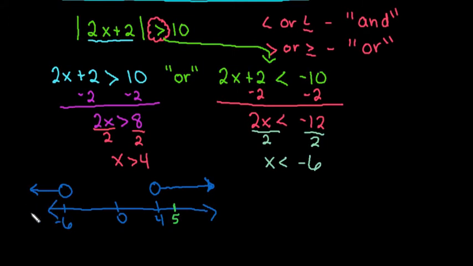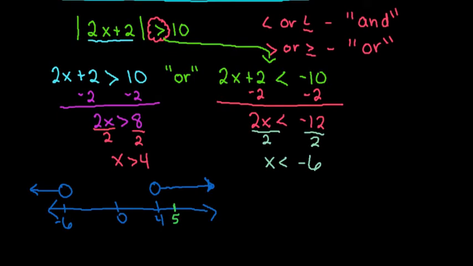We could also pick a value down here, say negative 7. 2 times negative 7 is negative 14. Negative 14 plus 2 is negative 12, but the absolute value is 12, which is still greater than 10. So whether we pick a value below negative 6 or a value greater than 4, it works in our given absolute value inequality.